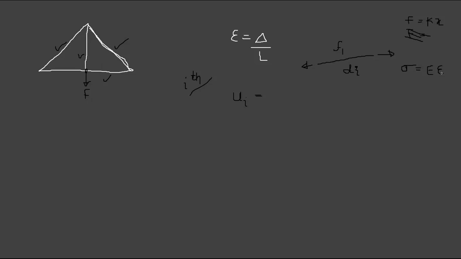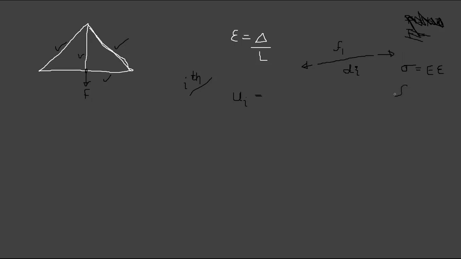So epsilon naught is the strain for an axial loading, right? We discussed this in the finite element method lectures as well. So sigma is the axial stress.